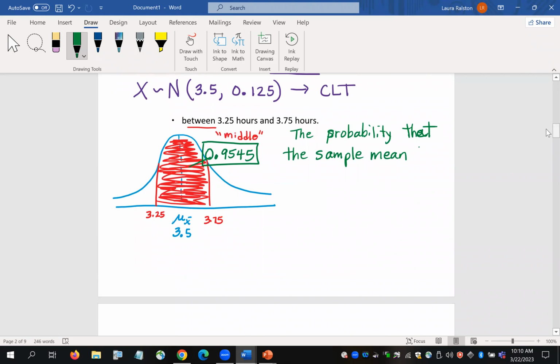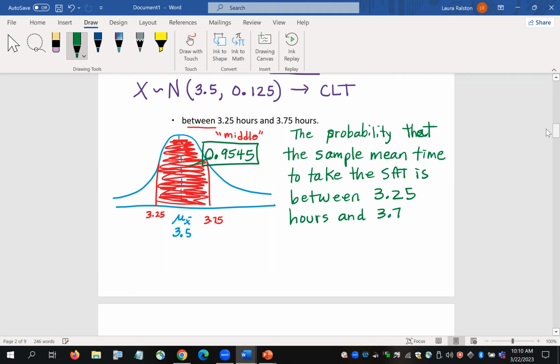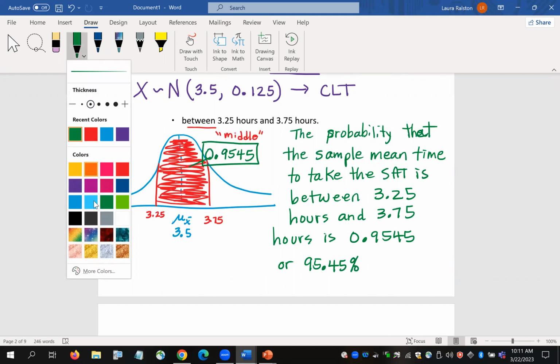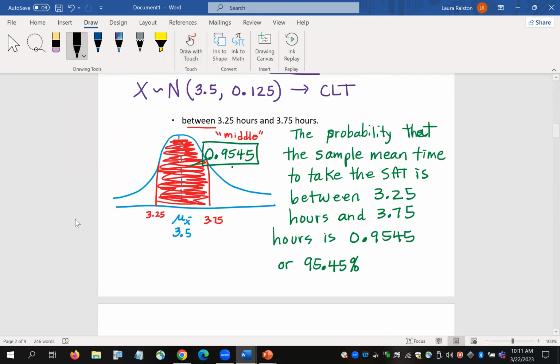Mean time to take the SAT is between 3.25 hours and 3.75 hours is 0.9545, or 95.45%.